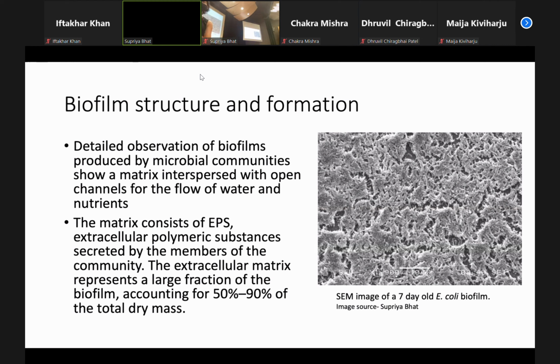So if you look at the zoomed in SEM image of a biofilm, there is bacteria, obviously, and the more important component is the extracellular matrix, which is so often 50 to 90% of the total dry mass of a biofilm.